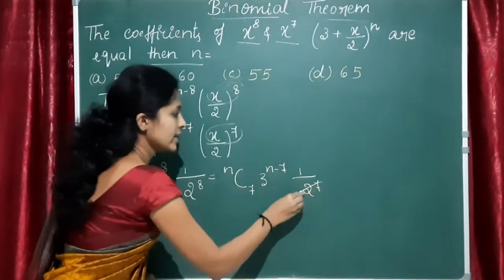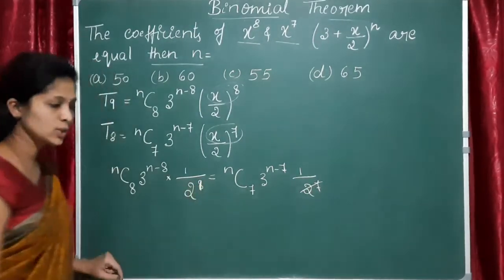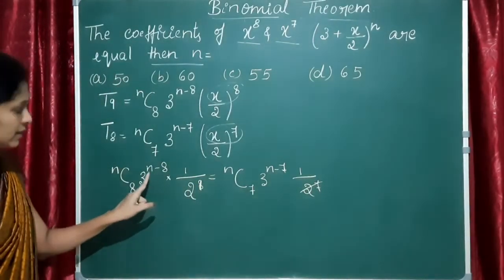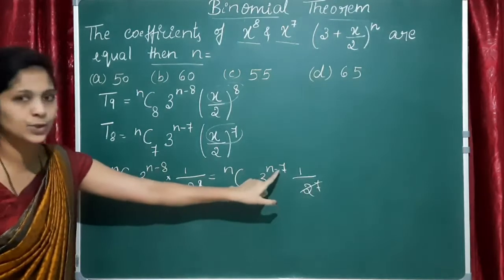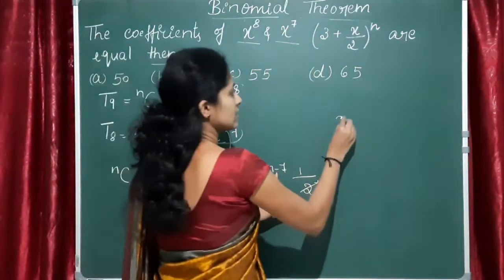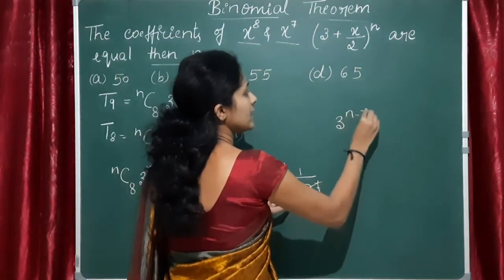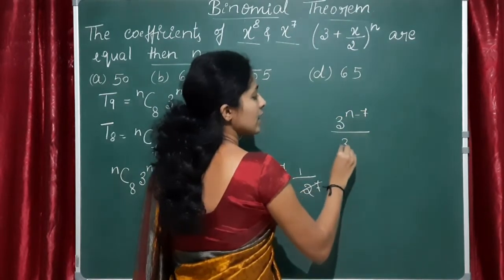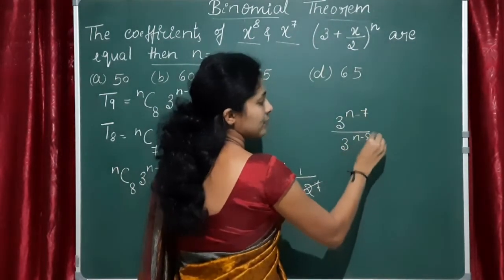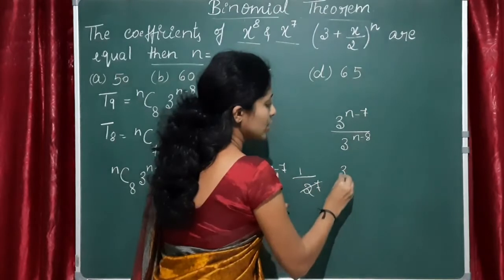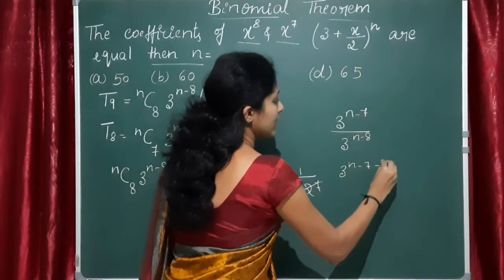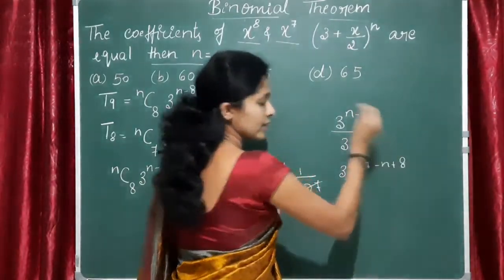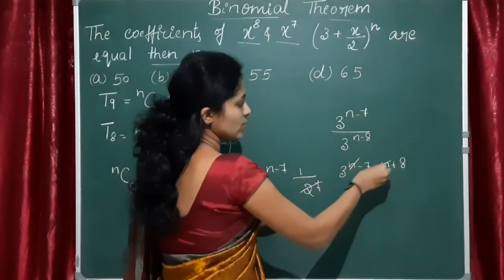2 to the power 7, here 2 to the power 8, so only one 2 will be remaining. Here you can see 3 to the power n minus 8 and 3 to the power n minus 7. When it comes here, 3 to the power n minus 7 divided by 3 to the power n minus 8, right? So we can write 3 to the power n minus 7 plus 8, so this and this will get cancelled.